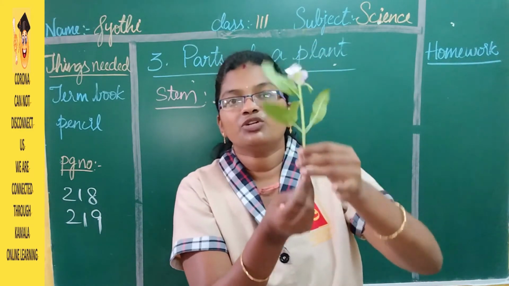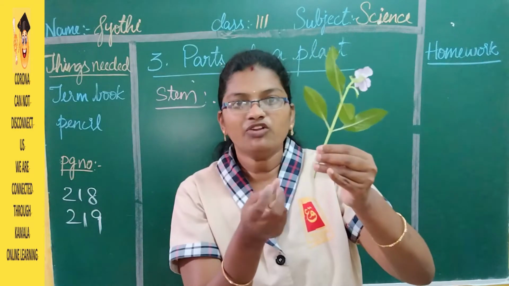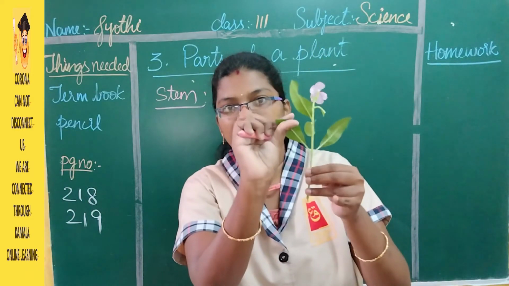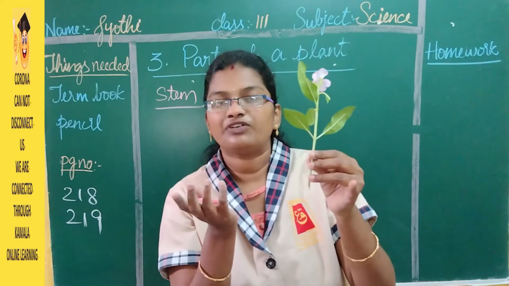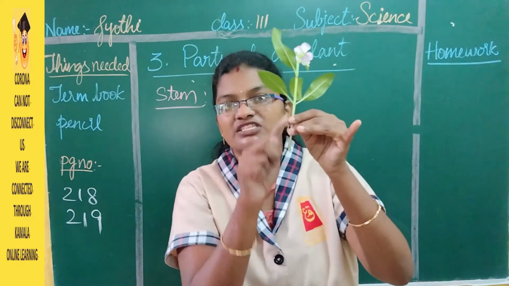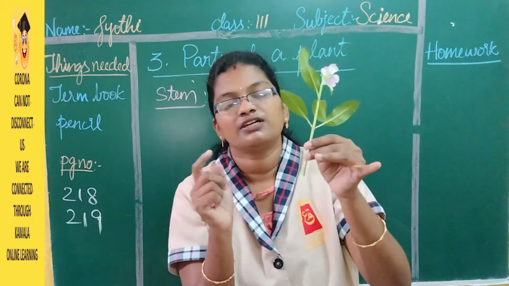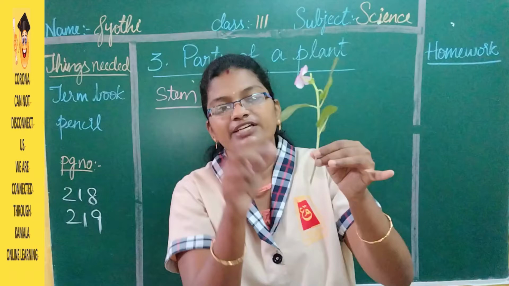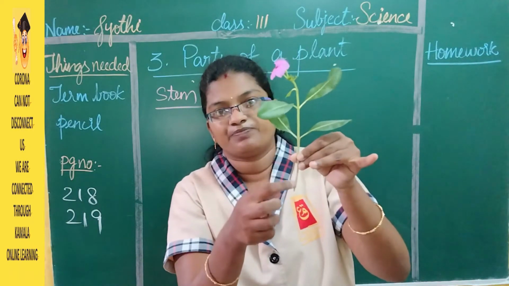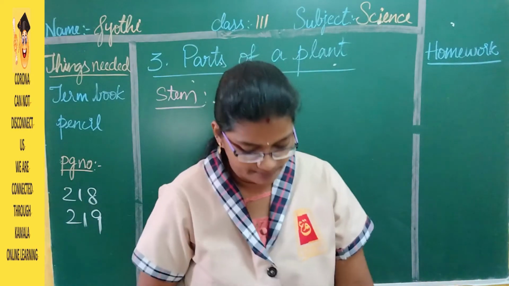Whatever the roots absorb, the water and nutrients, they should reach the leaves and flowers, right? So how will they reach the leaves and flowers? It is just because of the stem and branches. From the roots, after they absorb, they go to the leaves through this stem.